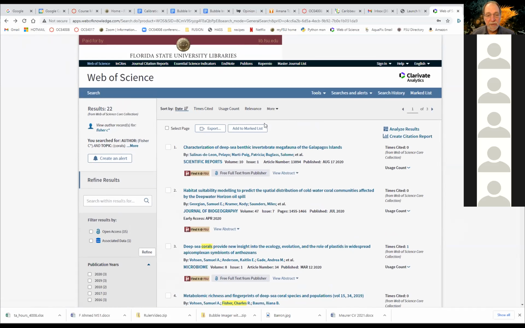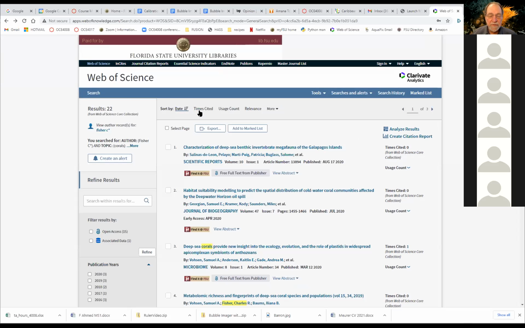In our exploration of Charles Fisher and his results, we've sorted by the most recent date. So this article, Characterization of Deep Sea Benthic Invertebrate Megafauna of the Galapagos Islands, has not been cited. It was only published in August of last year, so it hasn't been out in the literature for long enough for anybody else to cite it.